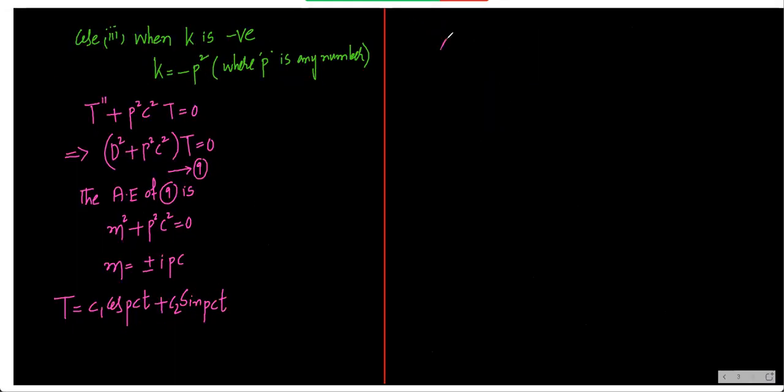X double dash plus p square into capital X is equal to 0, which implies that again I want to convert this into the higher order differential equation, but in this case I don't want to take D. Give another name, D dash square plus p square into capital X is equal to 0, right? Let us call this equation number 10.